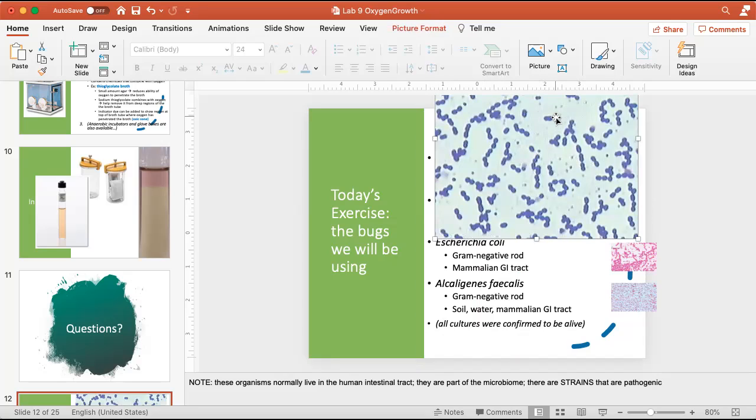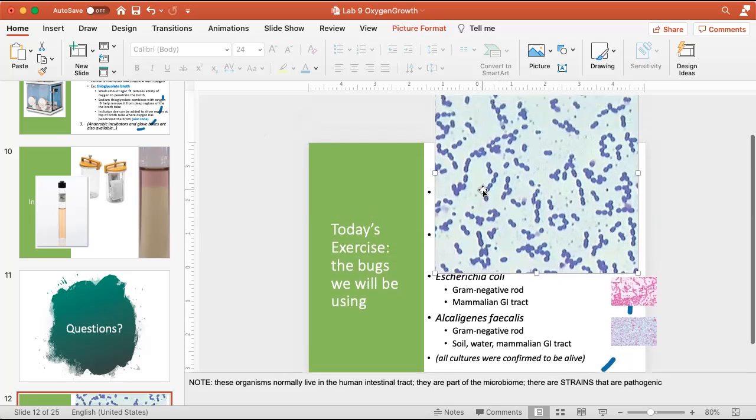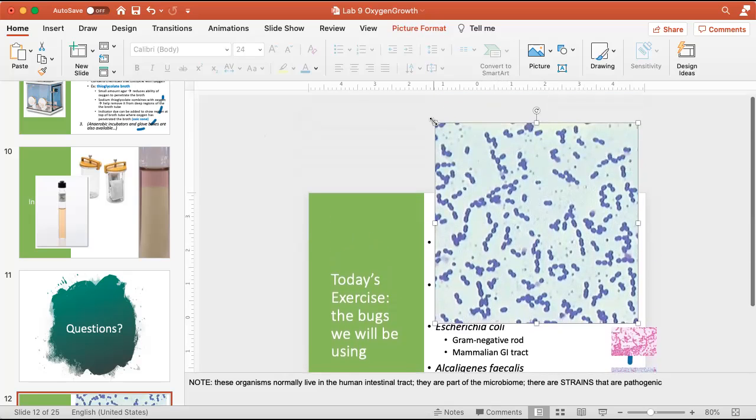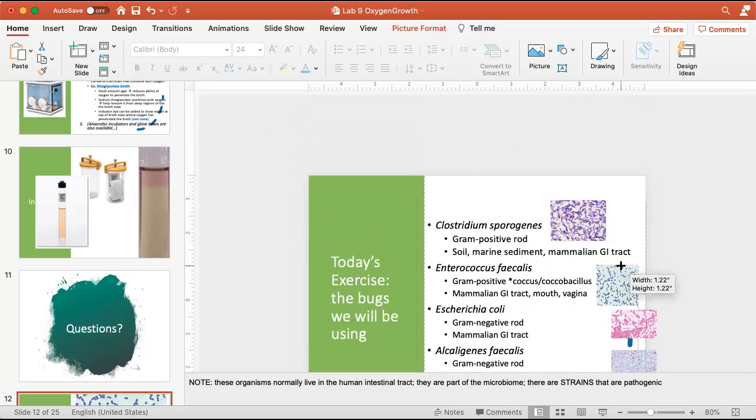See that? It's not long enough to be considered a rod. It's considered a coccus, but look at how oval shaped it can be. So you would not be wrong calling this a coccobacillus. In other words, halfway between a coccus and a rod.